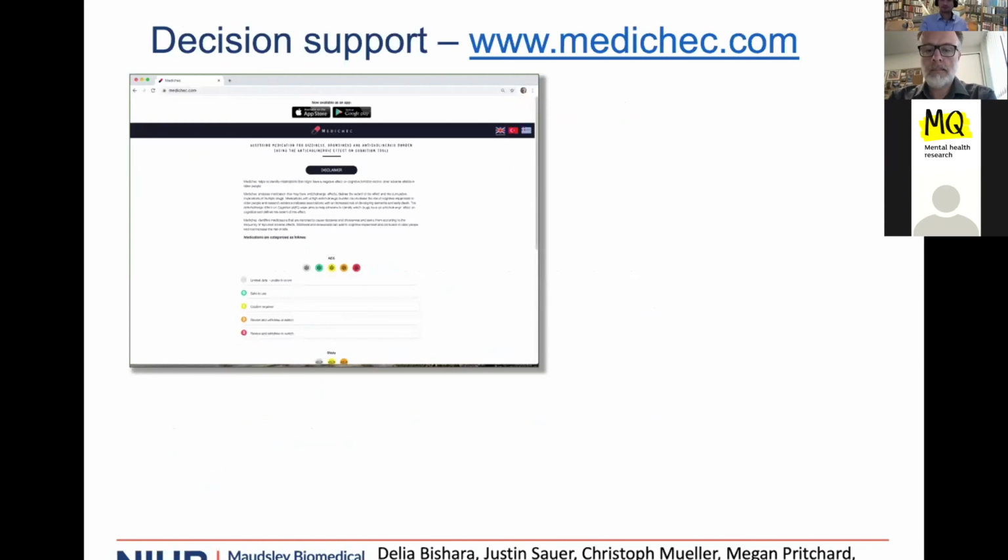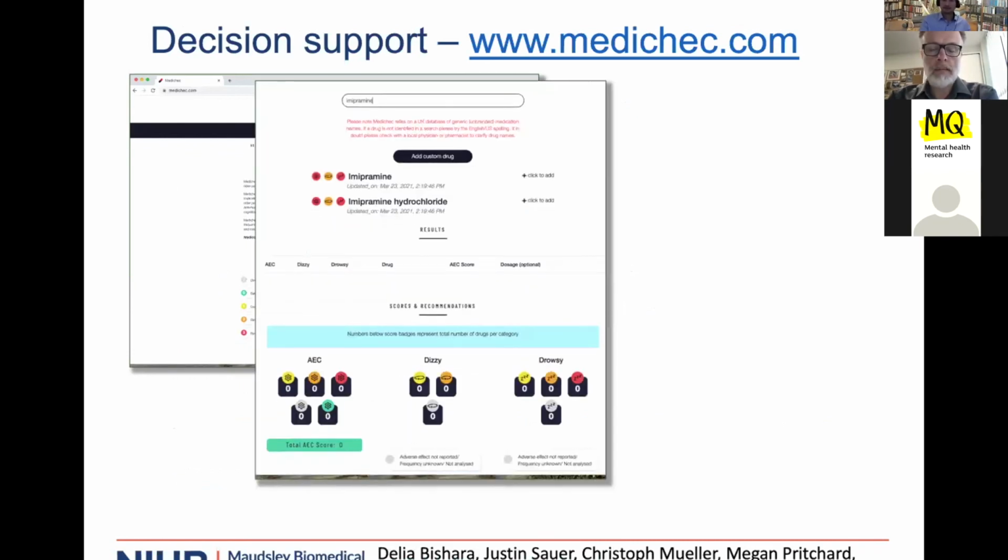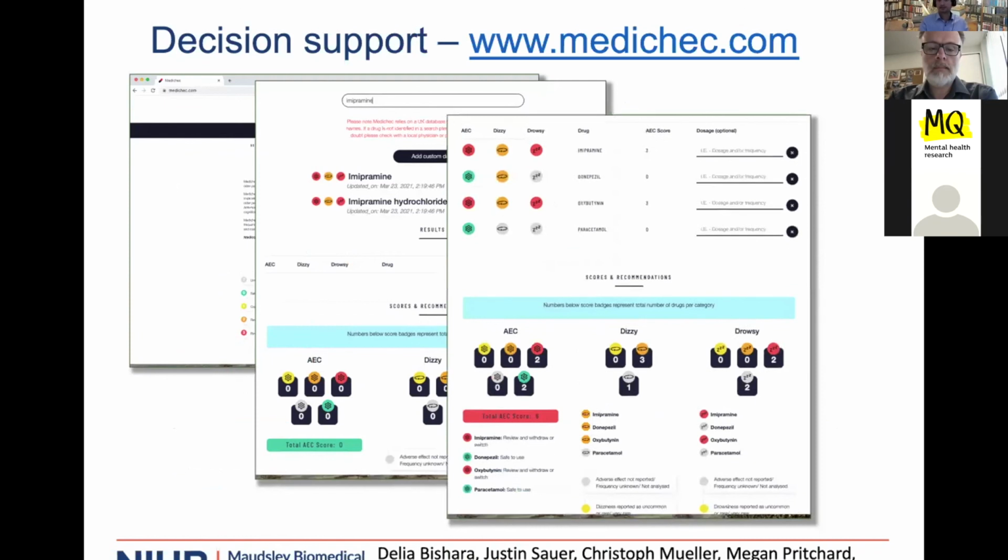MediCheck is just one of the examples which we have developed with Mindwave Ventures, which is freely available. You can basically add the medication the person is on. It was initially developed for anticholinergic effects, but it will now also talk about sedative properties in the drowsiness column.